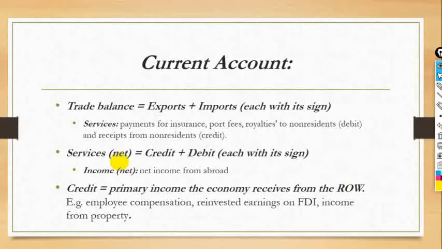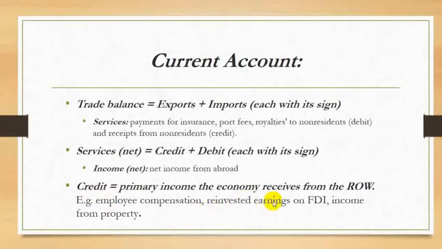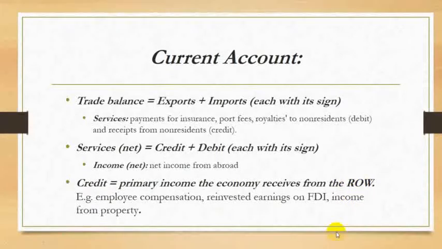Number 3, income net. Income from abroad. It's also calculated as credit minus debit. Credit equals primary income that the economy receives from the rest of the world. This can be in the form of employees' compensation, earnings on foreign direct investments, income from property, interest on bonds that you buy in another country, and so on.